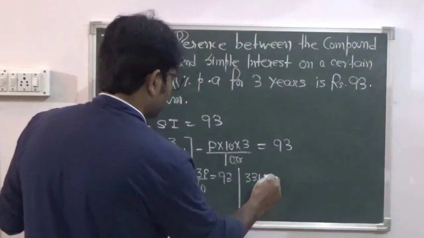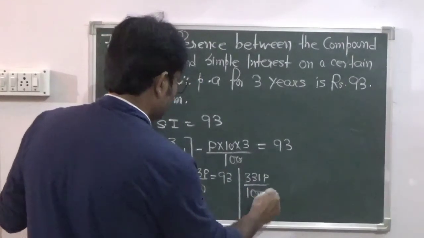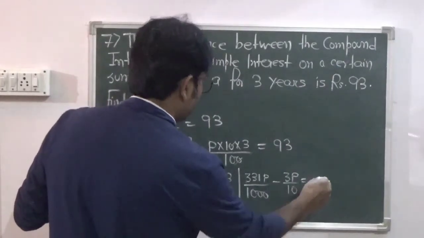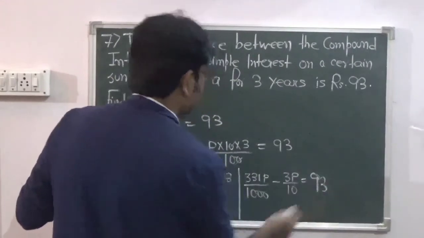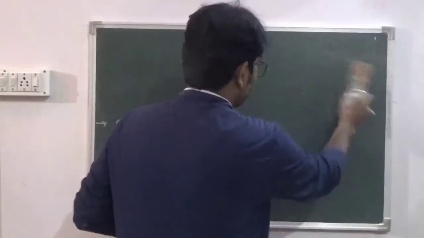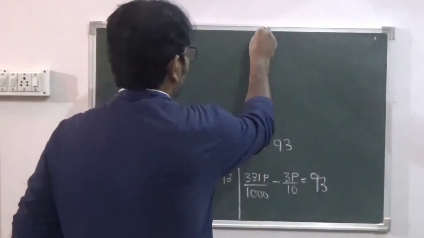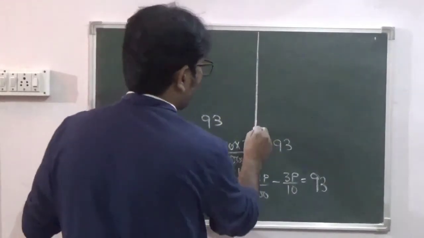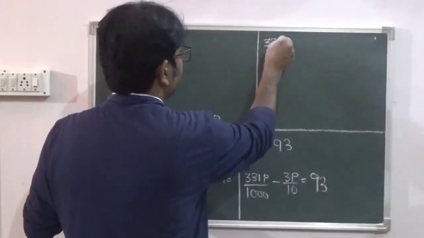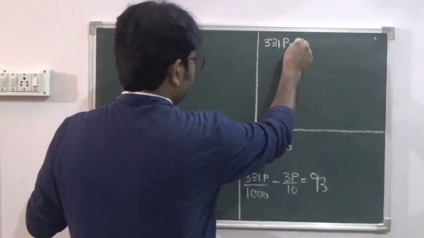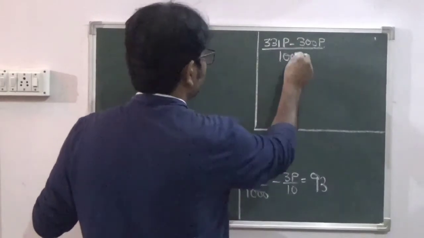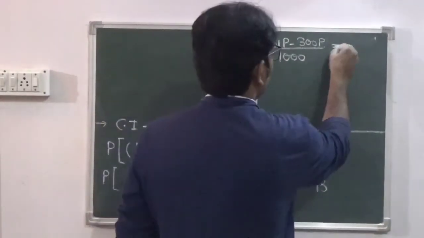So P divided by 1000 minus 3P by 10 equals 93. Taking the LCM, that is 331P minus 300P divided by 1000 equals 93.